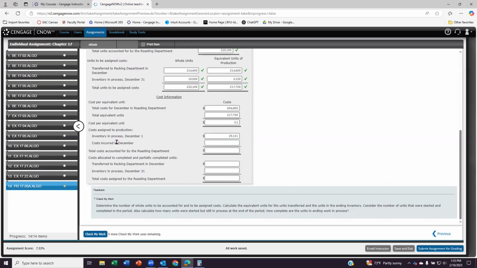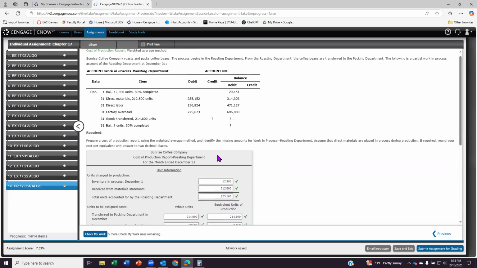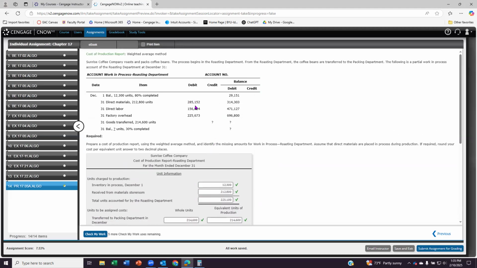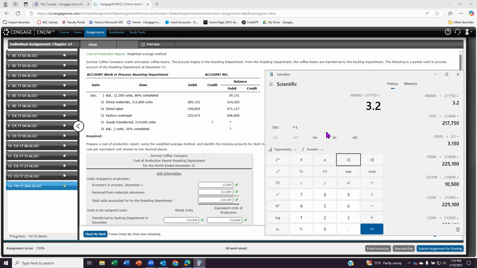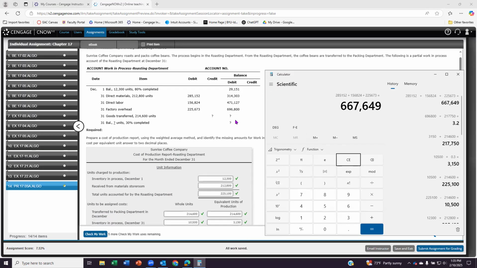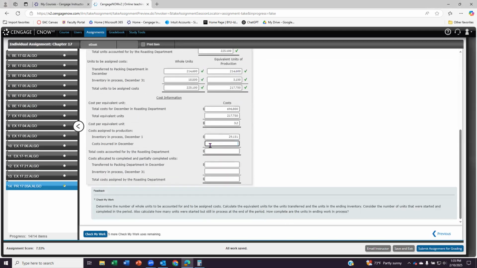And then the costs incurred in December. So again, it's just these three. Those are the new costs we're adding in December. So 667,649.